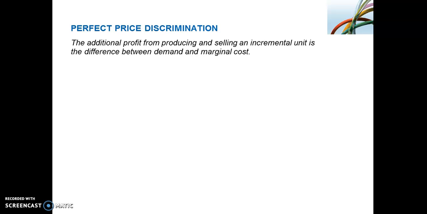Also, it would only work if there are just a few customers, because once customers realize, oh, you're charging this particular person that price, but you are charging me a higher price, surely that would raise some issues. So it only works if there are a few customers and if you know someone's reservation price. So it becomes more realistic to see that firms discriminate imperfectly, right?